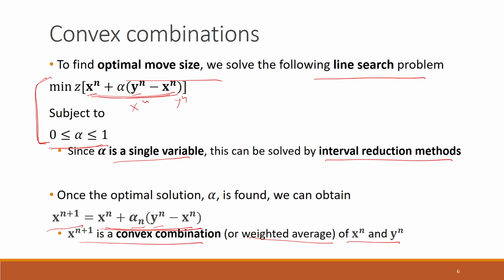If you take the terms having xn in common, it is (1 minus alpha n) times xn plus alpha n times yn, where alpha n lies between 0 and 1. This weighted average of xn and yn gives us xn plus 1. That is why this algorithm is called the convex combination algorithm.